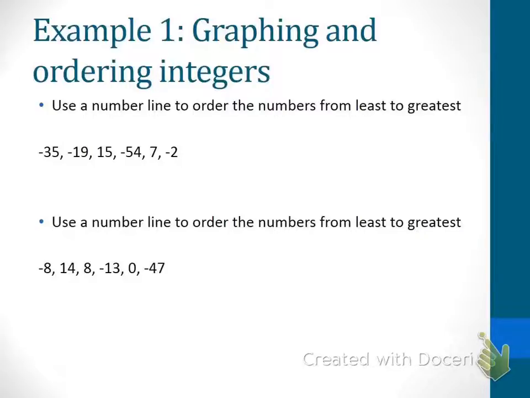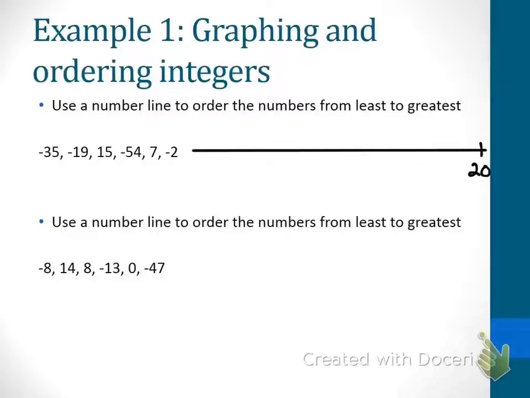Now, if it's a smaller gap of numbers, I want to go by a smaller interval so my points aren't all jammed together. So let's set up a number line for this number set. Why did I start at 20? Because that's the rounded up version.